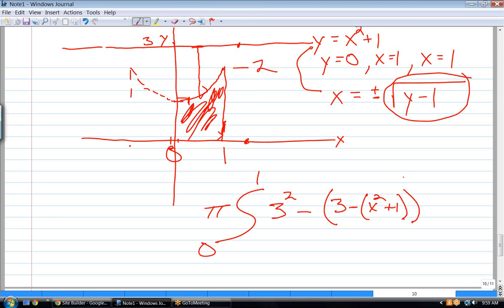So that quantity needs to be squared, dx.